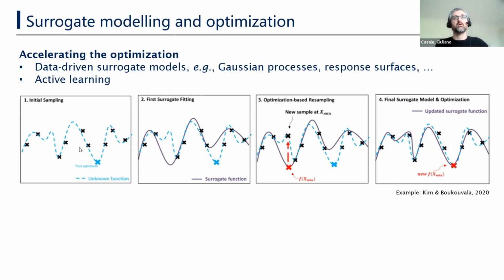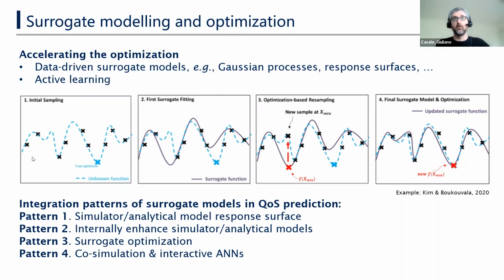So you can fit from data very complex mappings and use these surrogate models to approximate the response of a system. And one great property they have is that they're very easy to update, so if you collect more data during operation, you can update these surfaces on the go.